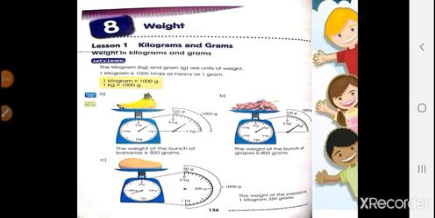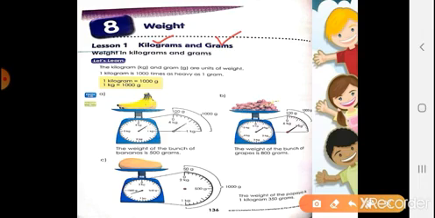Here we have chapter 8, weight, and that is our lesson 1, kilograms and grams. The first thing I'm going to tell you is what the units of weight are. We have two units of weight, kilograms and grams. Our first lesson is also about kilograms and grams.